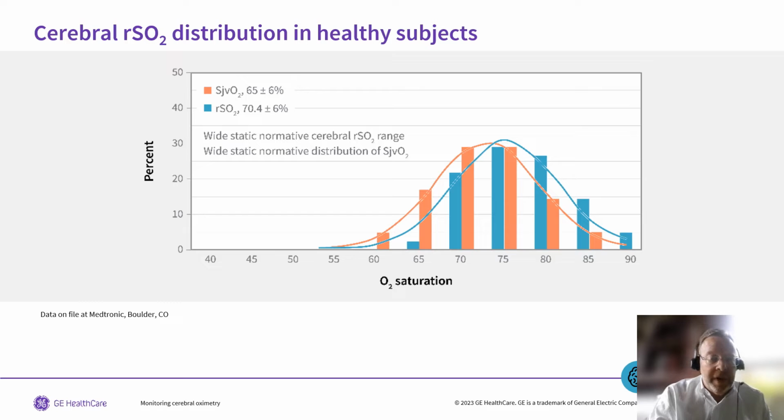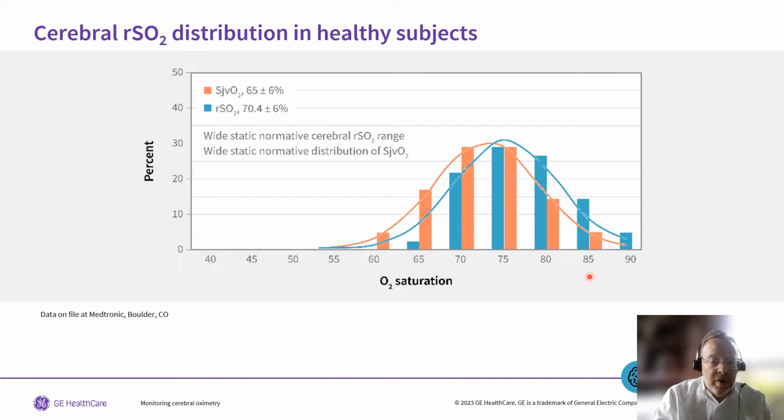The first curve here in the orange bars shows a normal distribution of jugular bulb saturations in these healthy young volunteers. Next to that is the RSO2 curve in blue bars that shows intuitively a correlation with jugular venous bulb with a similar slope, but it's shifted to the right due to the additional arterial component of the measurement, as we would expect.